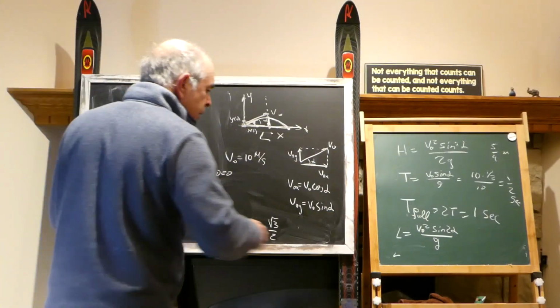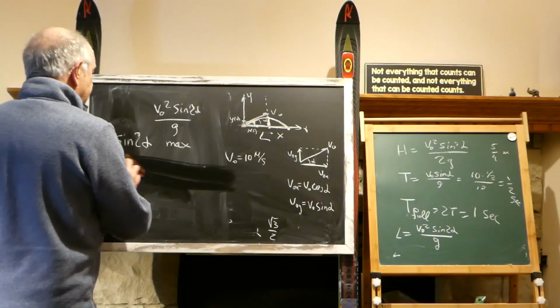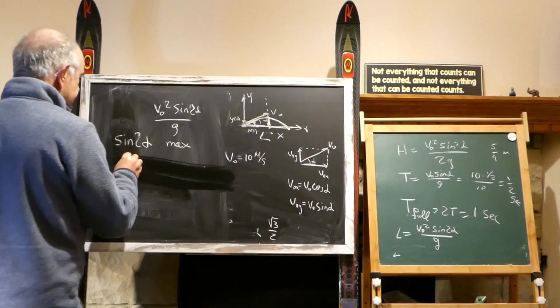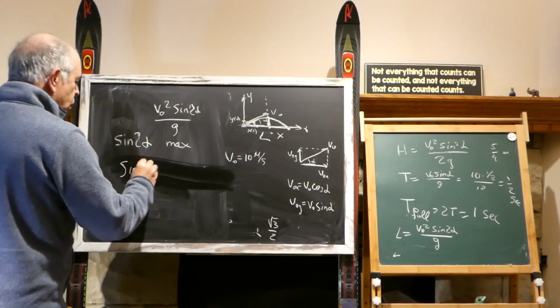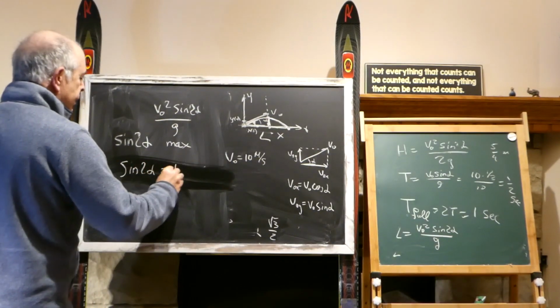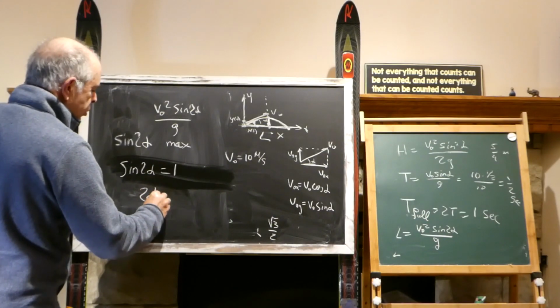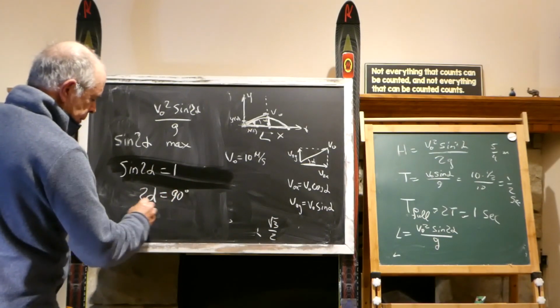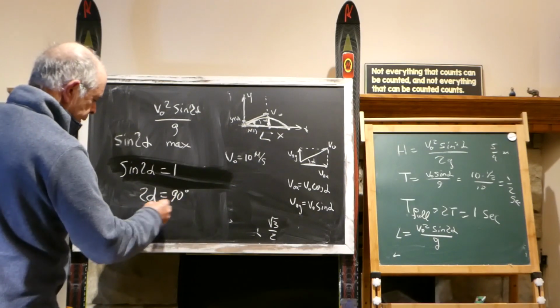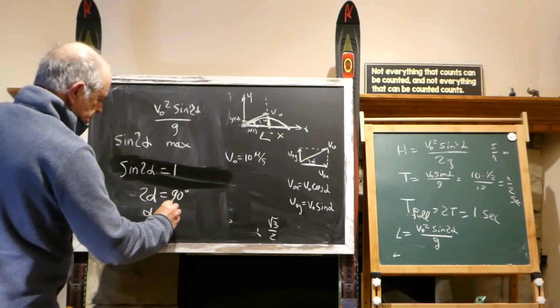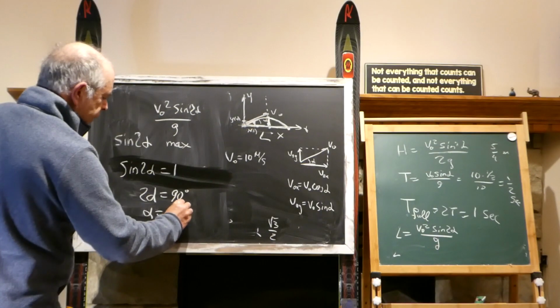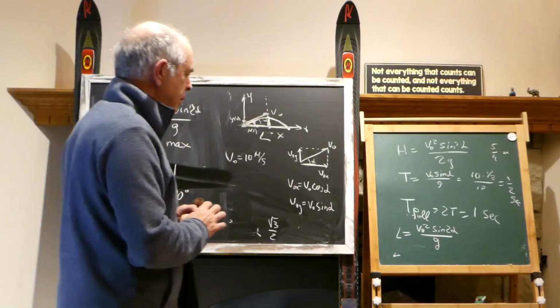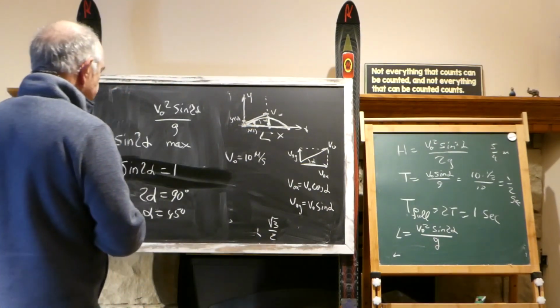But the maximum value is 1. And the maximum value of sine 2 alpha is 1, and it immediately means that 2 alpha equals 90 degrees. And that immediately means if we send 2 to the bottom, divide both parts by 2, we have alpha equal 45 degrees. And what does that mean?